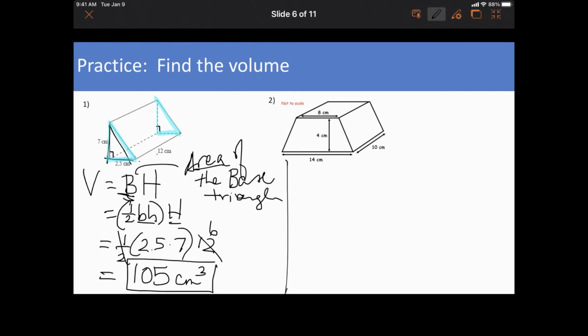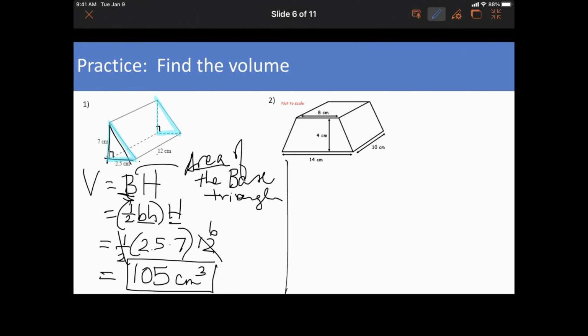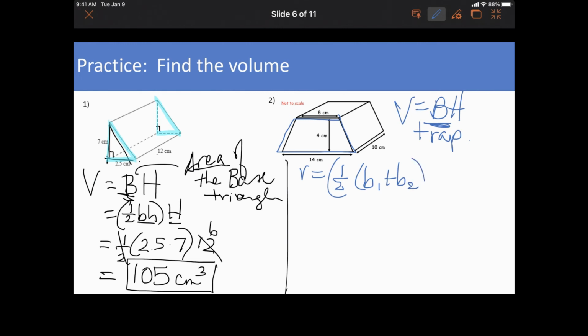All right. So what is this shape? What is the base? Trapezoid. Okay. So the area formula for the base, which is trapezoid, right? It's a trap, is half base 1 plus base 2 times height, lowercase height.